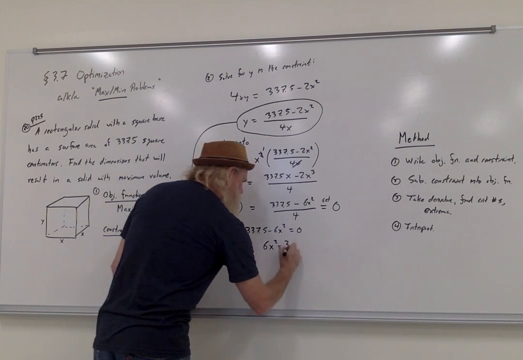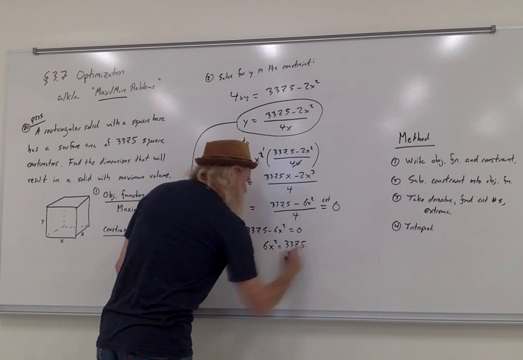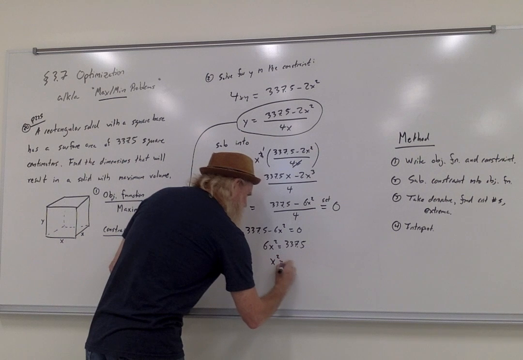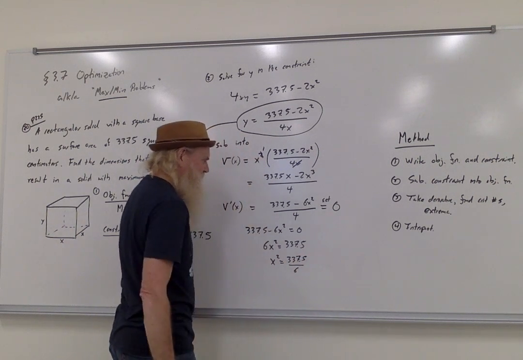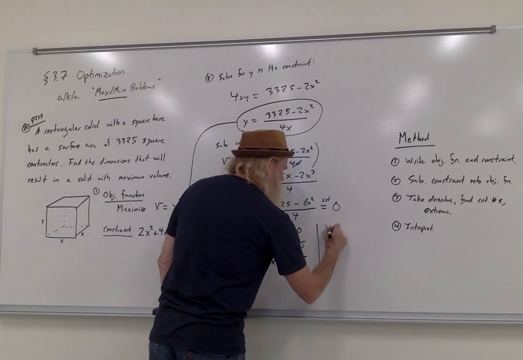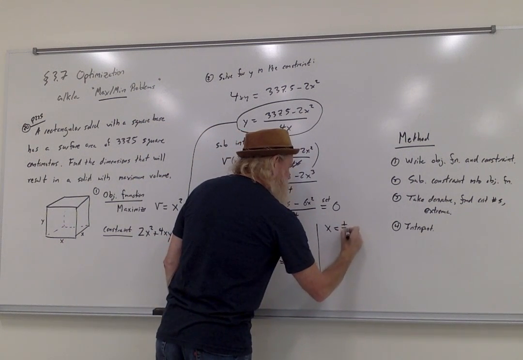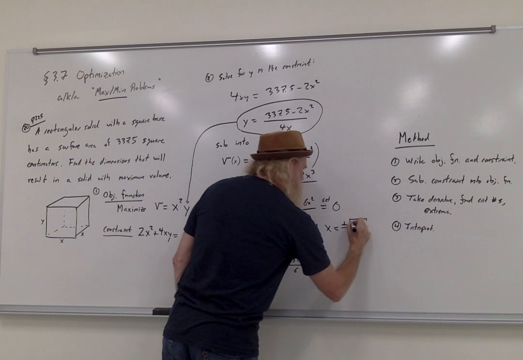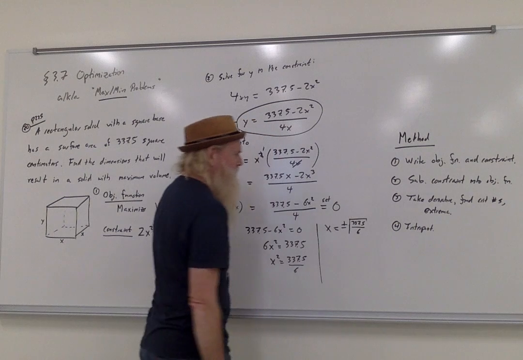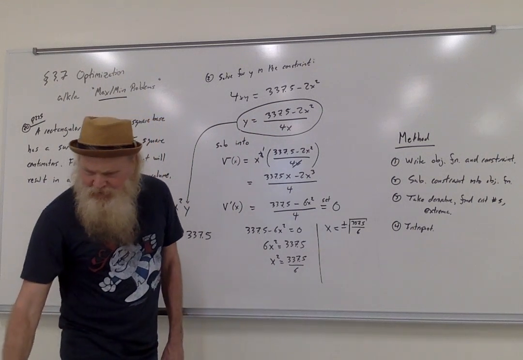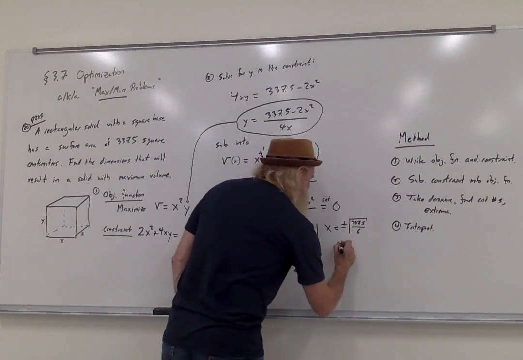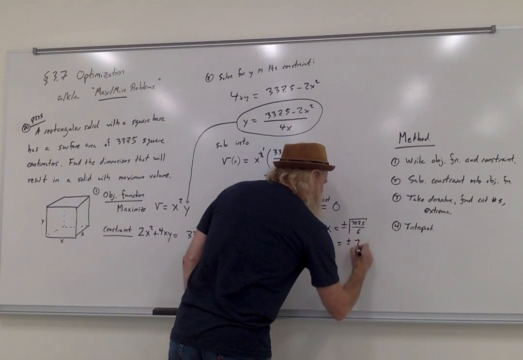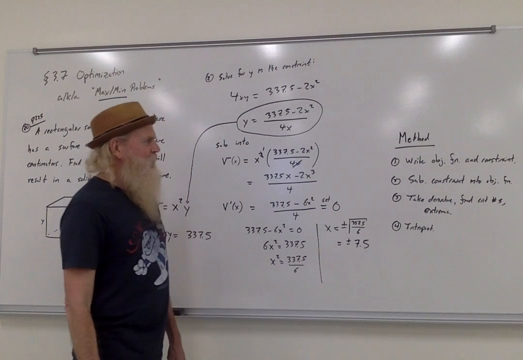6x squared is 337.5. x squared is 337.5 over 6. So x is plus or minus the square root of 337.5 divided by 6. That looks weird, but it actually simplifies to plus or minus 7.5.